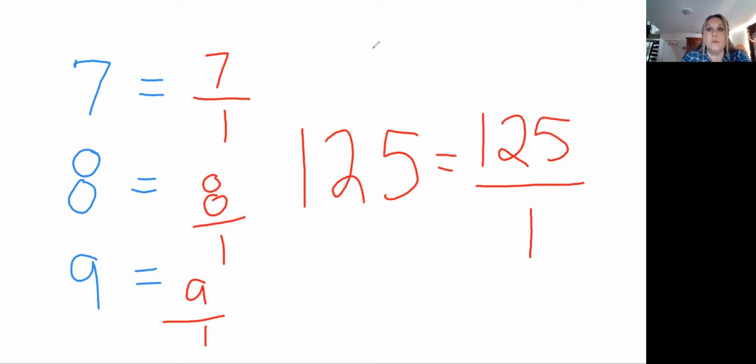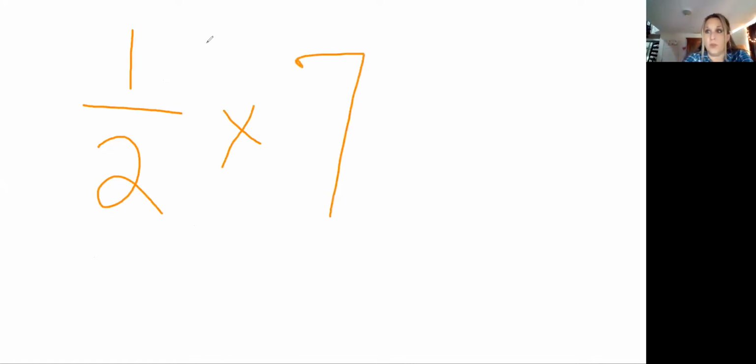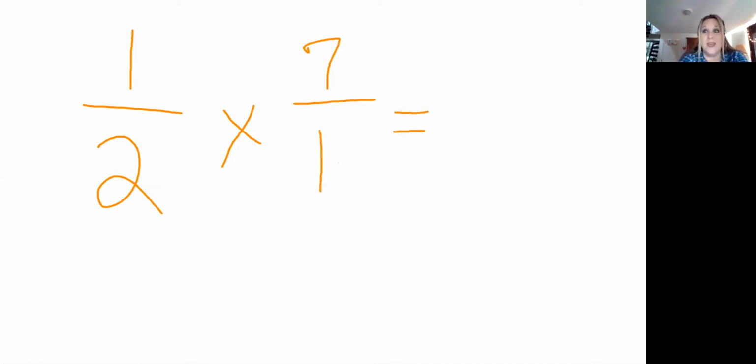Okay, this is another thing that I would like to review with you. Whenever I'm multiplying a fraction times a whole number, I have my fraction, I have my whole number. What do I do with that whole number? Yep, I put it over 1. You can go ahead and pause the video if you are taking notes on this and I'm going too quick.